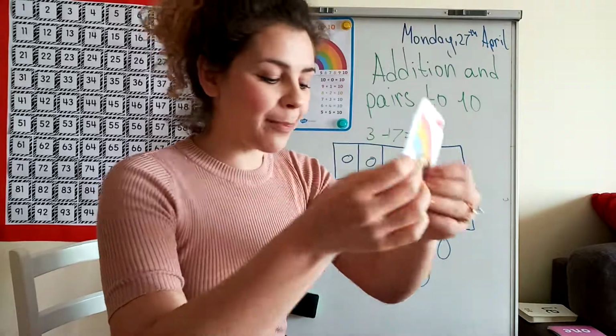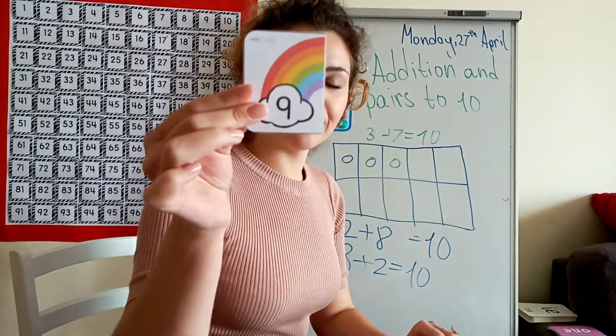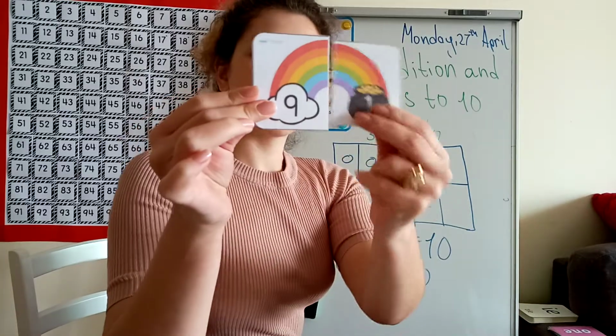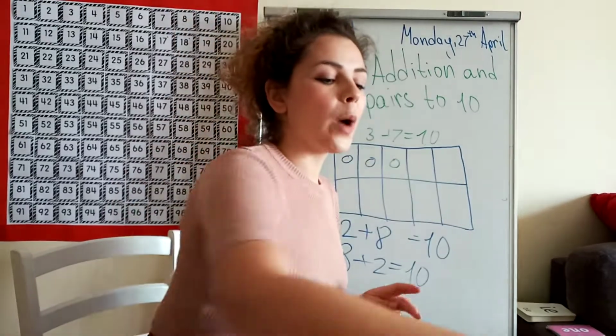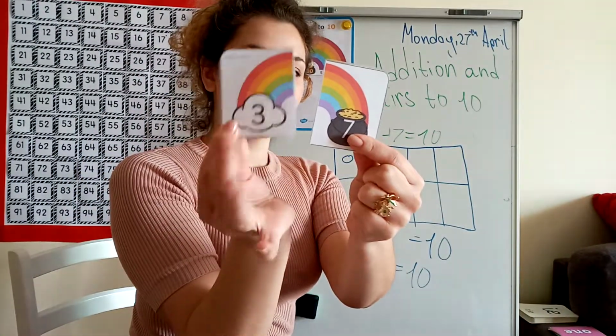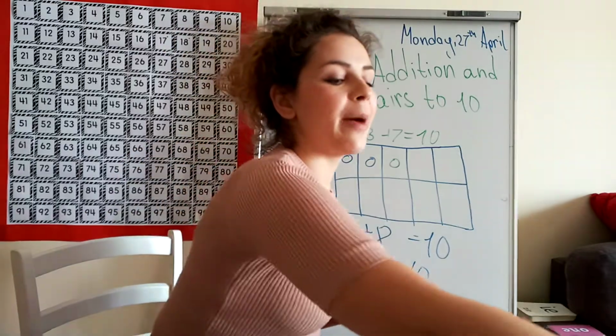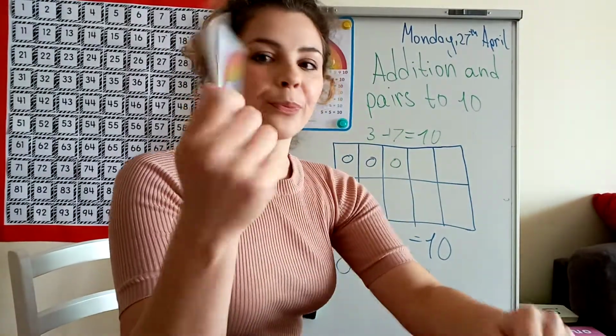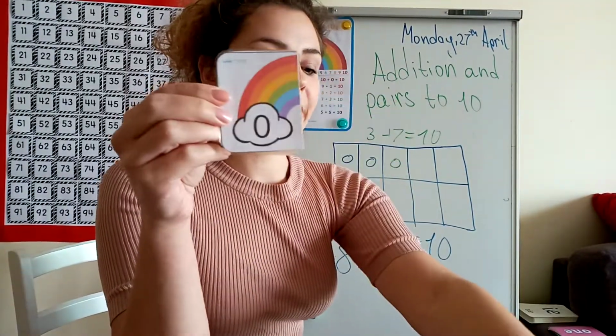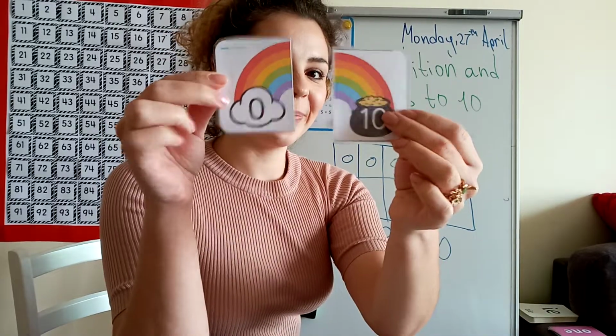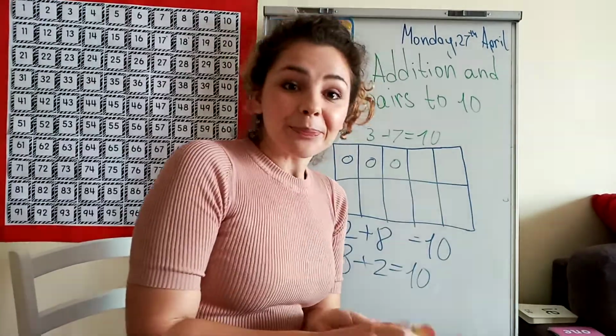Yeah, 10 is double of 5. What is the number pair of 9? 1. What is the number pair of 7? 3. And what is the number pair of 0? 10.